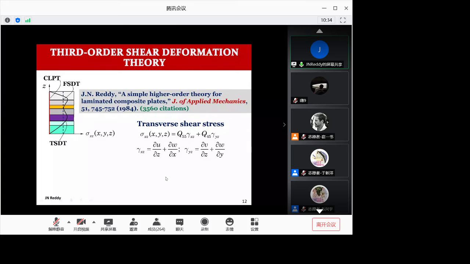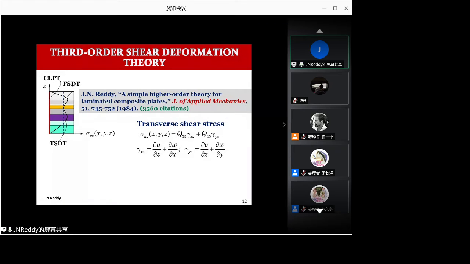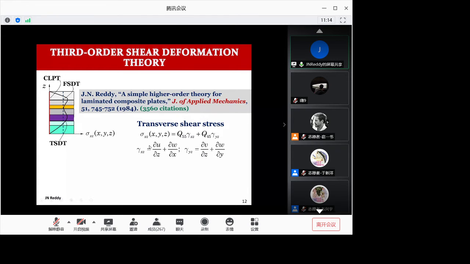So the idea of my third order theory is to assume that the displacement field through thickness varies cubically, so that the shear strains vary quadratically, and so do the shear stresses. And then I make the sigma xz and yz, which are the transverse shear stresses that occur between the layers and also on the top surface and the bottom surface, satisfy the condition that they should be zero at the top and bottom, but not in between the layers.